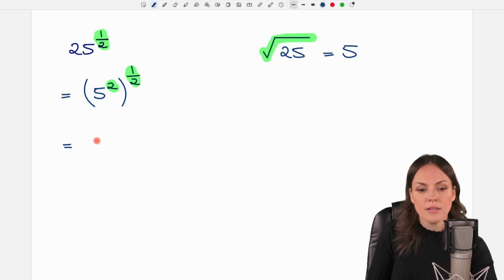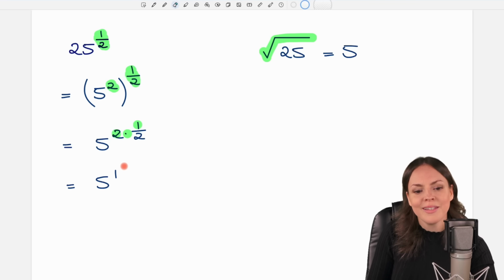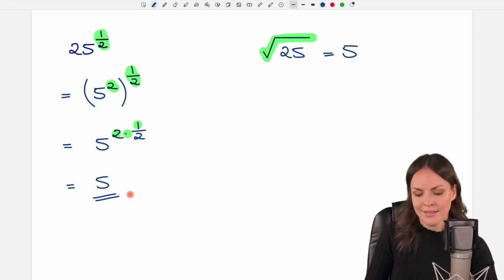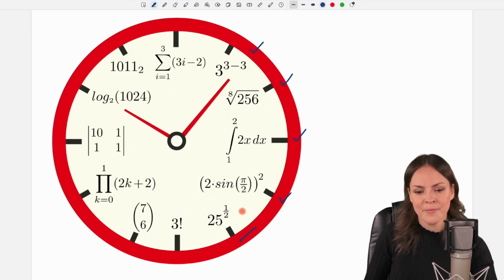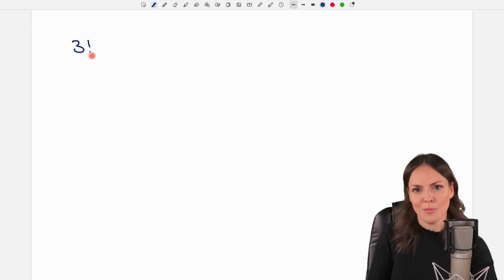So we take the base, the 5, and then we multiply these two. We take the 2 and multiply it by 1 over 2. Okay, so I have my 5 here, and 2 times 1 over 2, I have 2 times 1, which equals 2, and all of this over 2. 2 over 2 is just equal to 1, so 5 to the power of 1 is just 5, and this is my 5 o'clock.